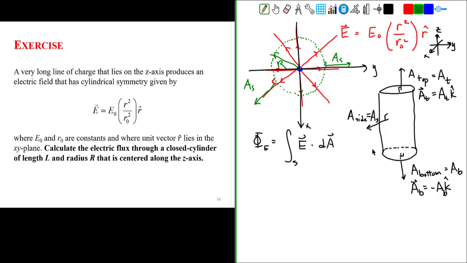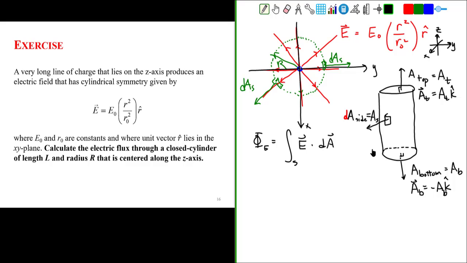Well, what we're really going to need to do is look at tiny pieces of area from the cylinder. So technically, I should have called this an area vector differential, or a differential of the area at that point, because really we could be looking at very tiny pieces of area on our cylinder.